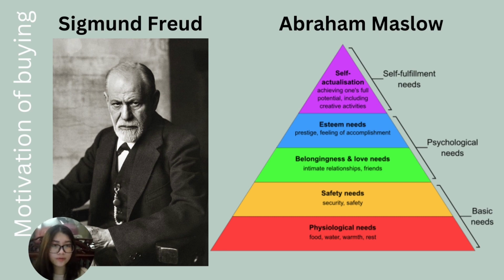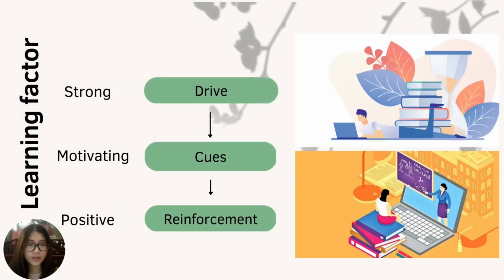Here, Sigmund Freud stated that customers are unconscious of what they buy, whereas Abraham Maslow thought that people's needs are arranged in a hierarchy that goes from physiological to safety, then social, esteem, and self-actualization. The last one would be the learning factor. Companies need to provide a strong brand, then a motivating cue, and finally, positive reinforcement.